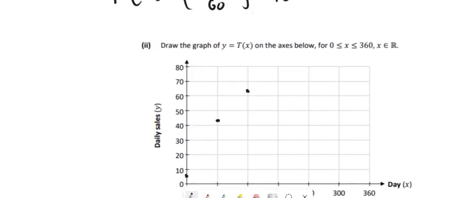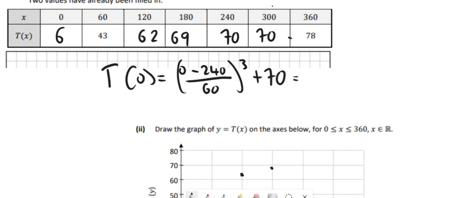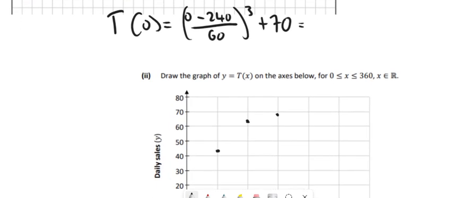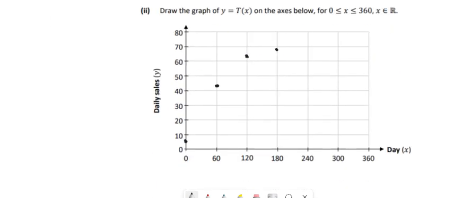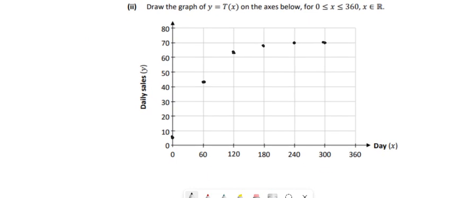180, 69 is here, just below the 70. 240, 70 and 300, 70, they're both going to be on the line, and then the last one is 360 and 78. So the graph starts coming back down a little bit then.